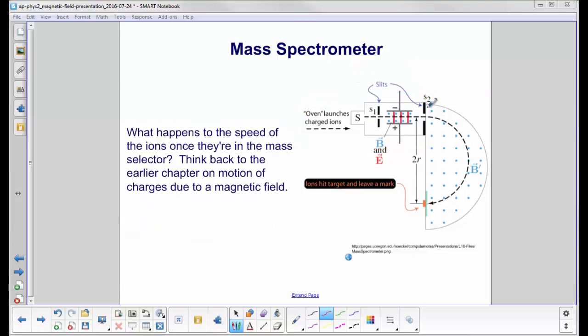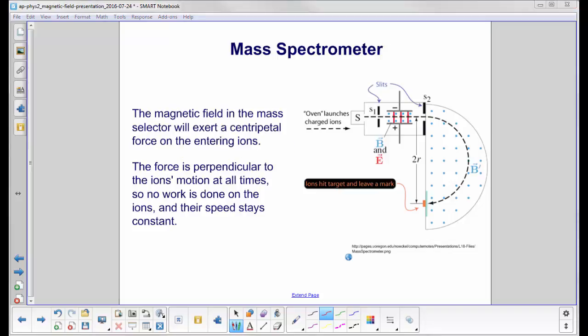What happens to the speed of the ions that left the velocity selector here with a certain speed once they're in the mass selector? Think back to the earlier chapter on motion of charges due to a magnetic field. Let's just jump to the conclusion. Their speed stays constant. Why?